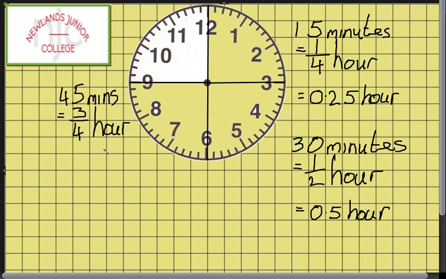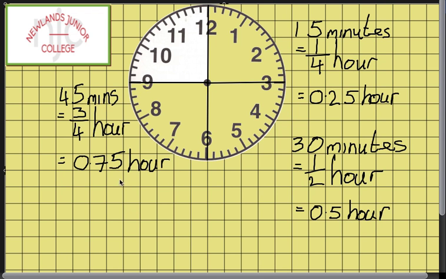If we want to turn 3/4 of an hour into a decimal, then you could use your calculator. That would be 3 divided by 4 if you didn't remember, but hopefully you can work out that that's 0.75 of an hour.